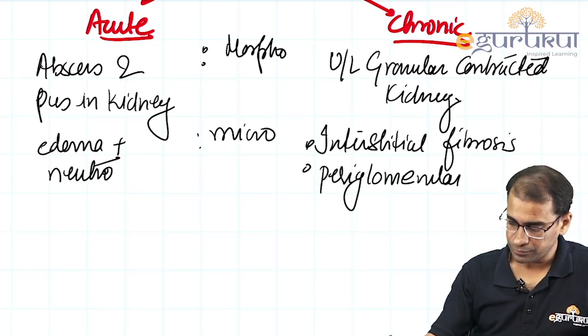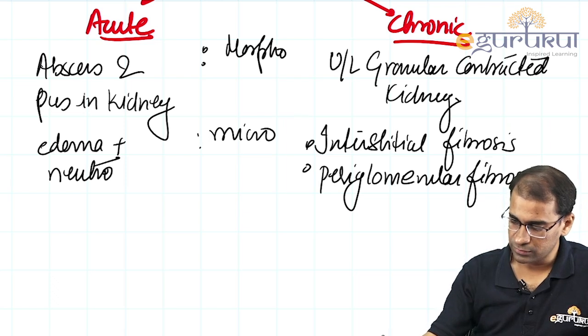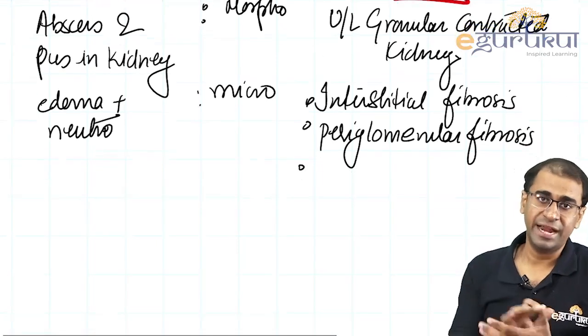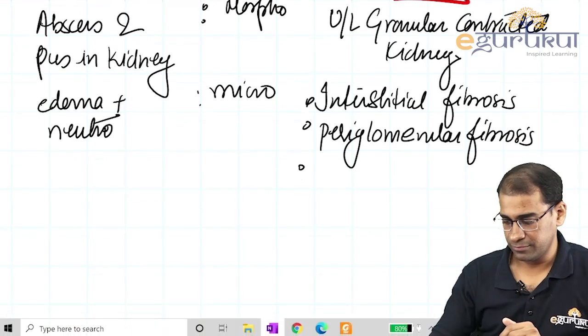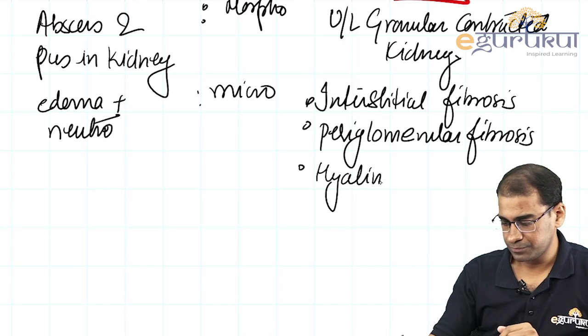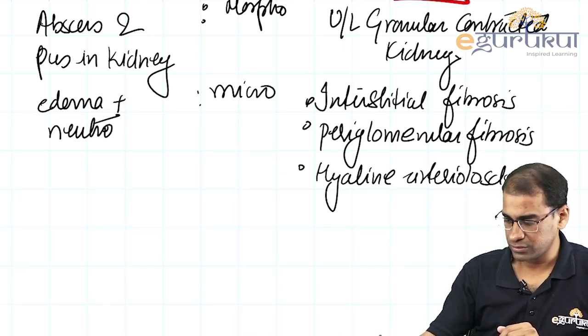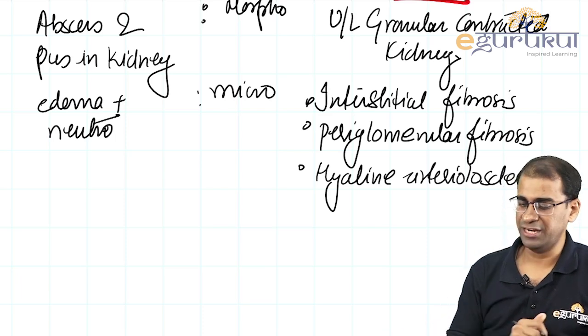periglomerular fibrosis. If this involves the vessels, it can lead to hyaline arteriolosclerosis.